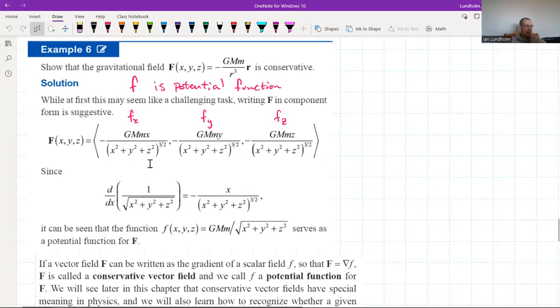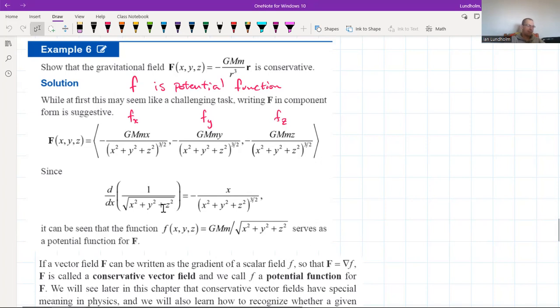If you think about taking the antiderivative with respect to x, there might be a chain rule kind of thing going on here, but power rule means you're adding one to the denominator's exponent, and this is the kind of function that would give you this when taking the derivative.